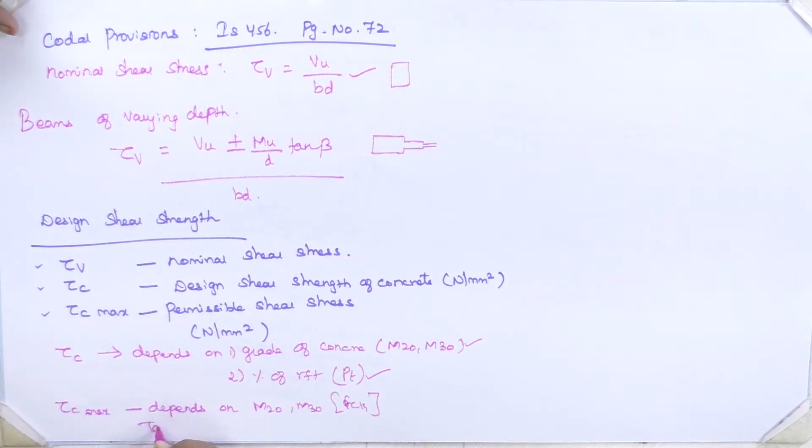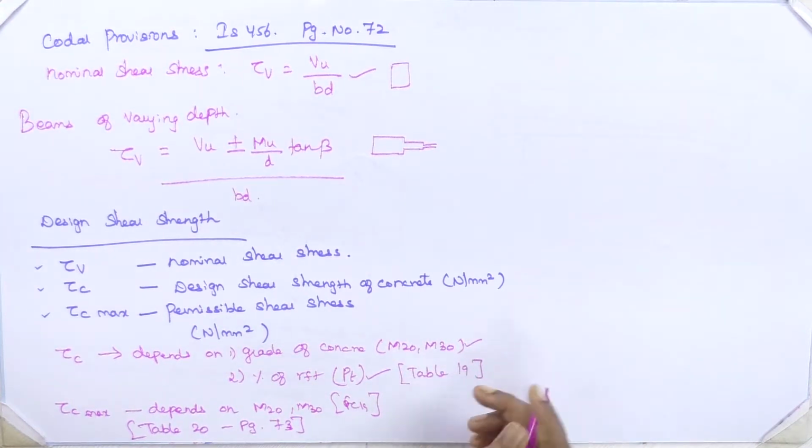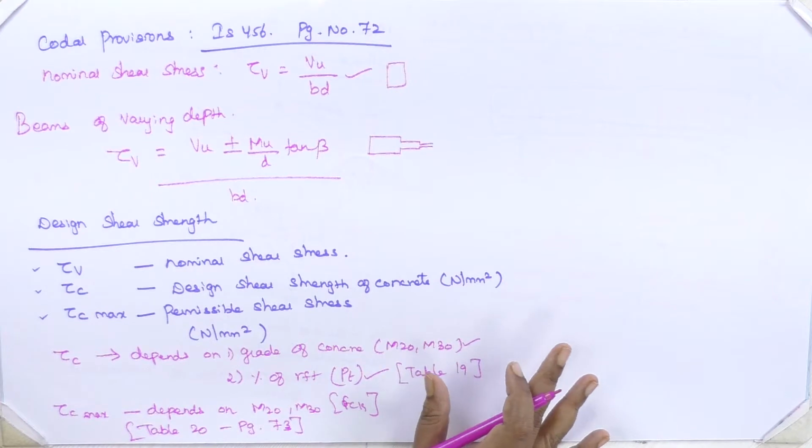It is given in table 20, page number 73 of the IS 456 code. This tau C value you can take from table 19 of IS 456. You can calculate your tau C value depending upon your grade of concrete, right?